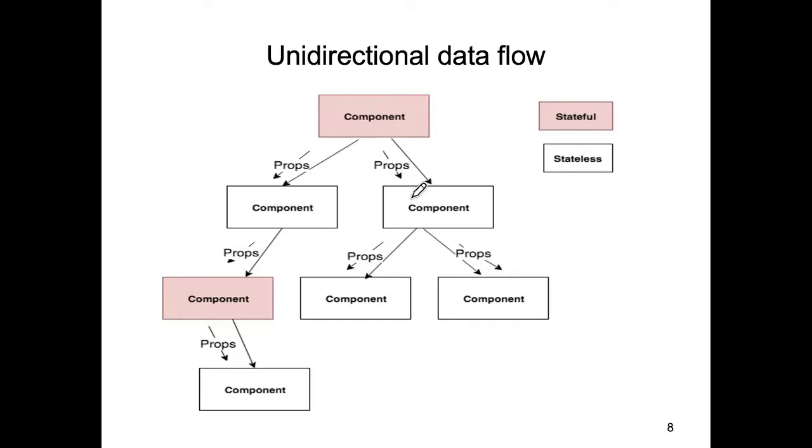They don't have any state variables. So it looks like I have two components within my hierarchy that are stateful and the rest are stateless. And that's typical of any React app. The majority of your components are going to be stateless. A small number will be stateful. Now, how we come up with which ones should be stateful and stateless, that's for another day. Let's just understand the diagram as we see it.